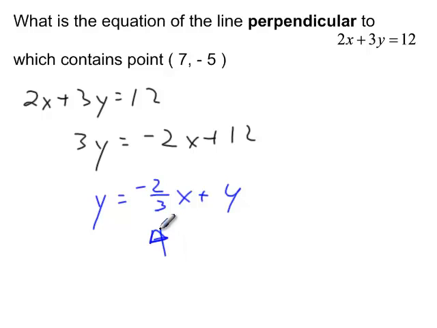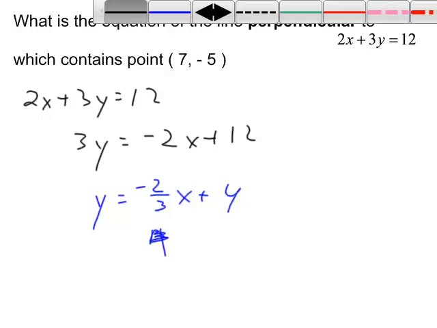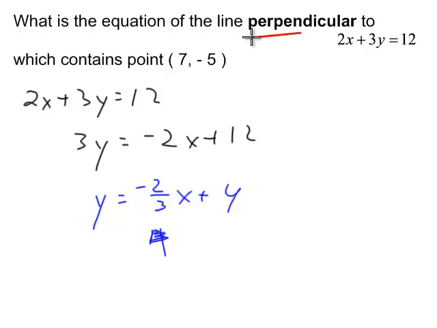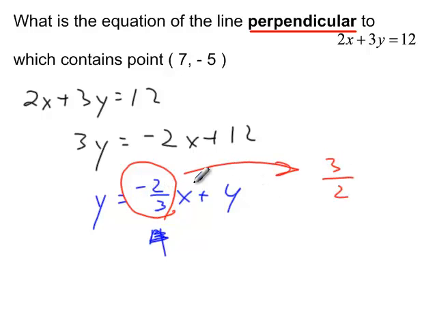There's your slope, but it says that it has to be perpendicular. So if it's perpendicular, you have to take this value and flip it and change the signs. So this slope is going to turn into, flip it. It was negative, it's now going to be positive. This is going to be the slope of the perpendicular line.